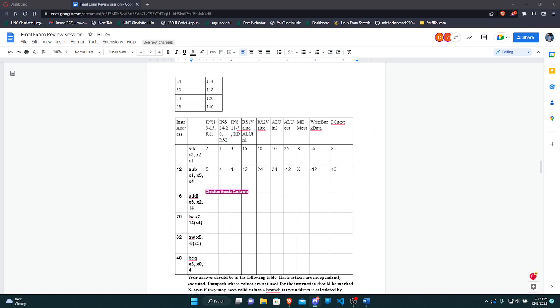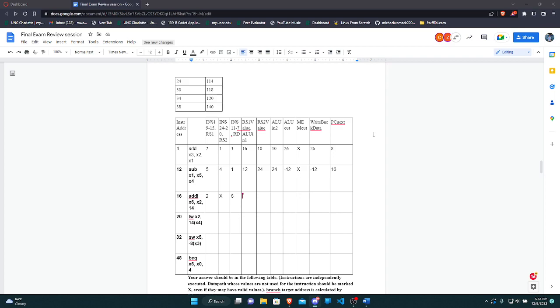So for the add I, it's a similar motion where your RS1 value is going to be this x2. We don't have an RS2 value in this add I instruction, since you have an RS1 and then an immediate. And your RD is going to be 6, since this is the specific register value.